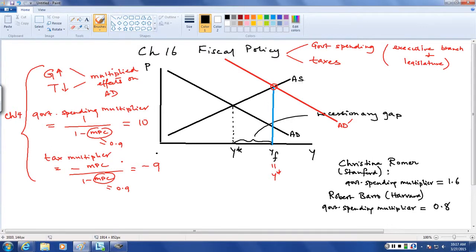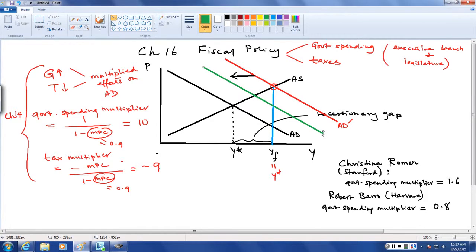But then because the other three spendings would be reduced, you would have a shift back leftwards, like this. And so in the end, your AD curve settles at not the red line, but perhaps this green line.